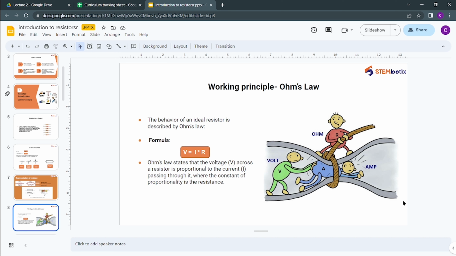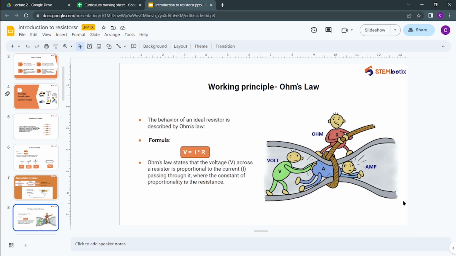So the current flowing through it will be 12 divided by 300, which is equal to 0.04 amperes, because current is measured in amperes while voltage is measured in volts. Similarly, resistance is measured in ohms.